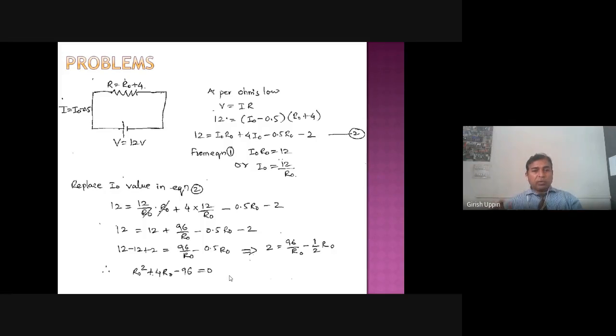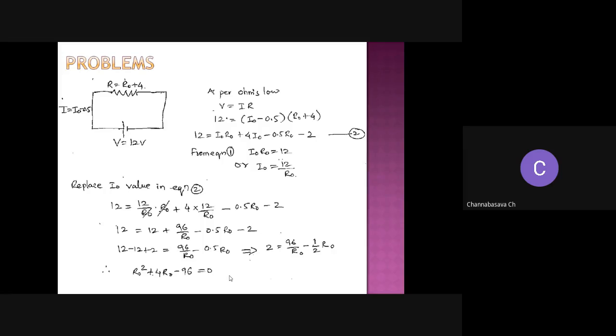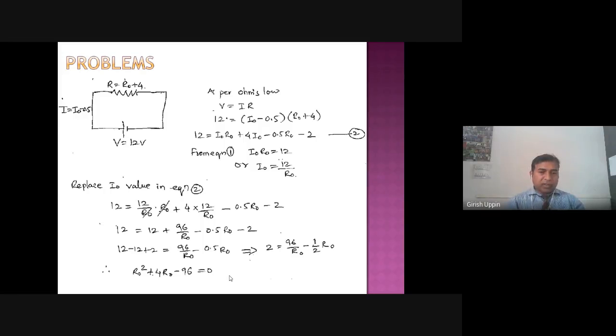So the general quadratic equation is ax square plus bx plus c is equal to 0. What would be the roots? X is equal to minus b plus or minus square root of b square minus 4ac, by 2a. That is Sridharacharya's formula.